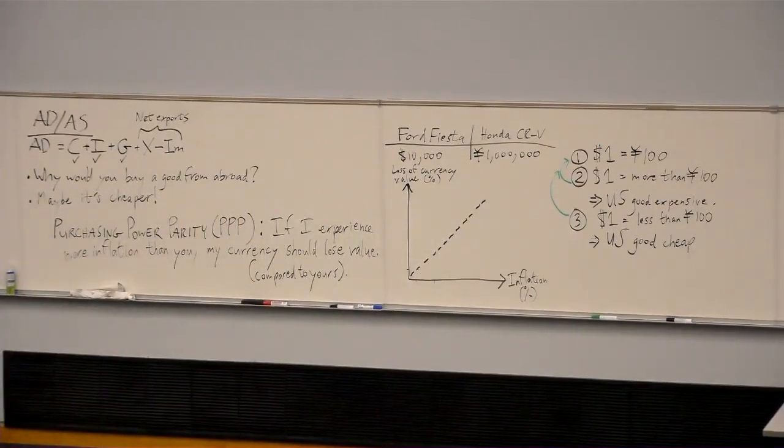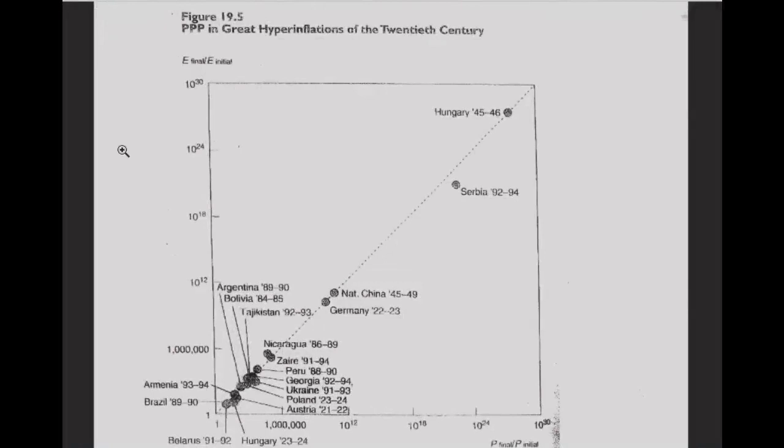As soon as I can figure out how to get the screen to come down. So here it is. Again, this axis is the inflation. The y-axis is the loss of value of the currency of the relevant place.